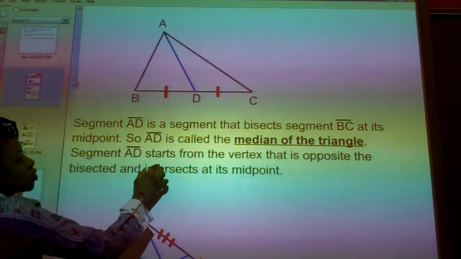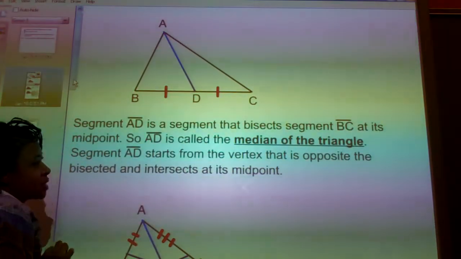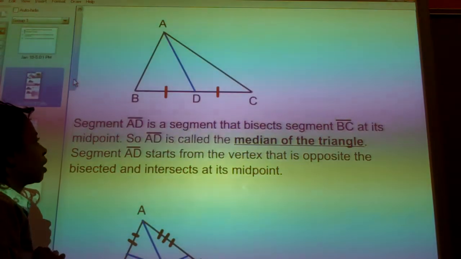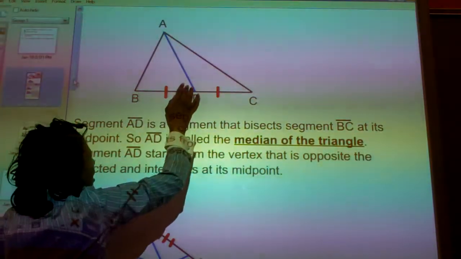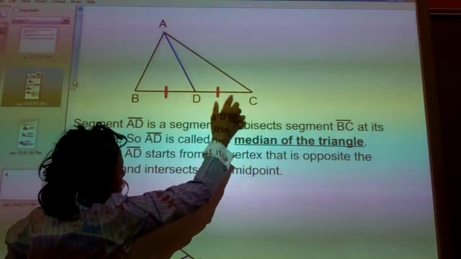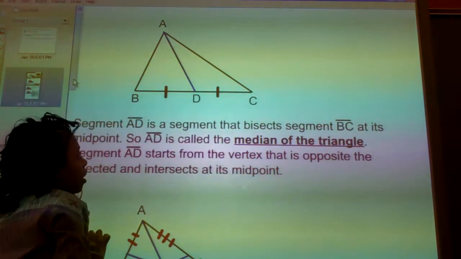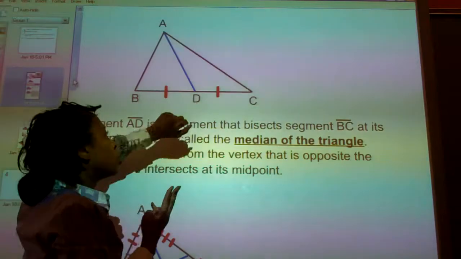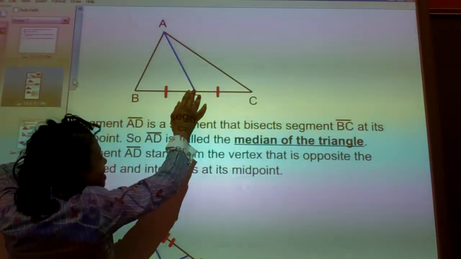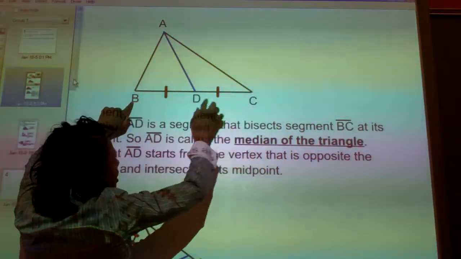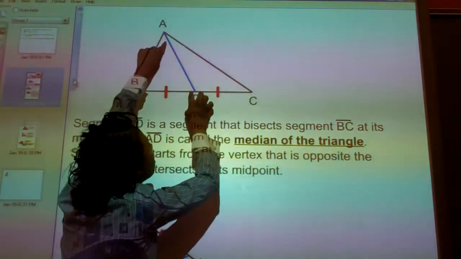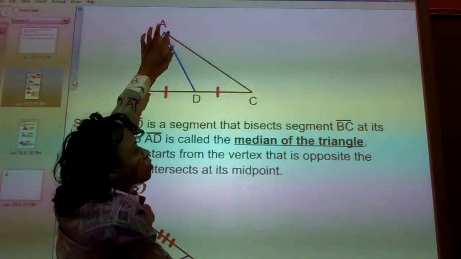Segment AD starts from the vertex opposite the side, bisecting and intersecting at the midpoint. So, segment AD bisects line segment BC. For this median of the triangle, two things happen. Number one, segment AD bisects BC exactly in half, and it must come from the opposite vertex.